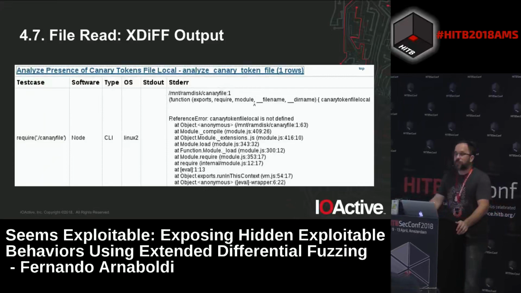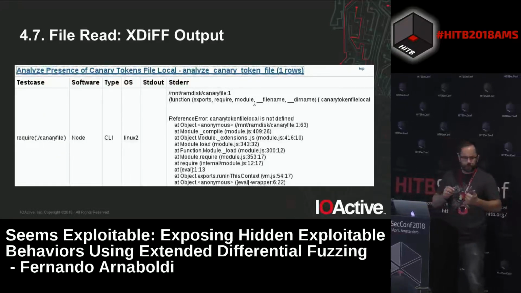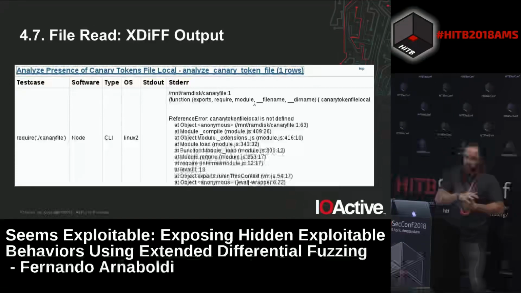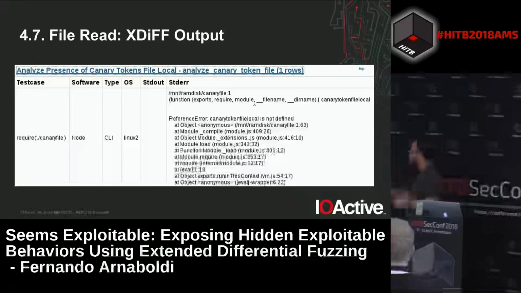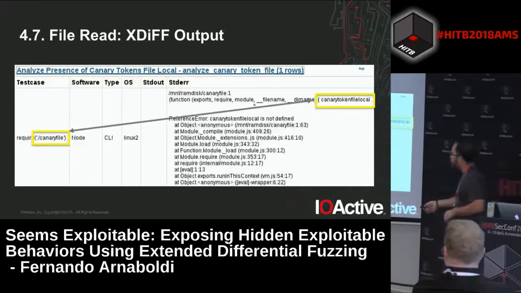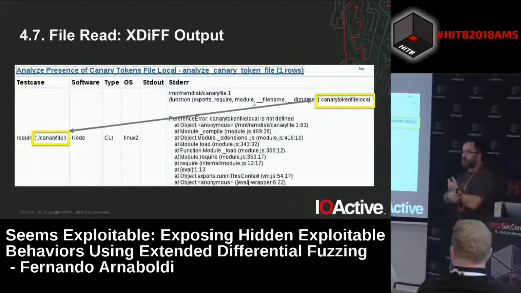You can read files. The canaries, we use the canaries so far, well, they can be used for network connections, for code being evaluated, for commands being executed, and for files being read. So the fuzzer creates a file named canary file that contains the string canary token file local.